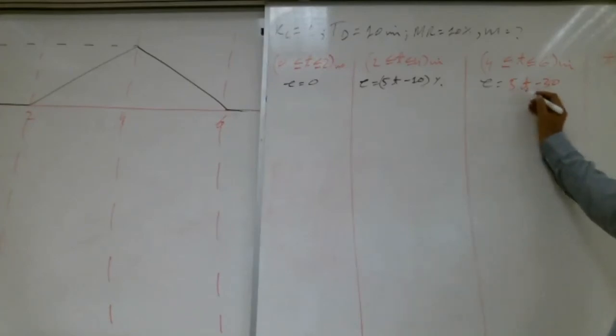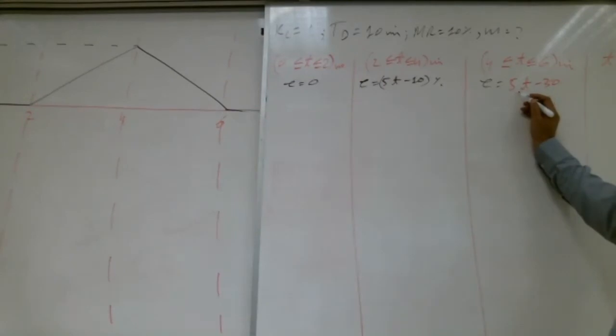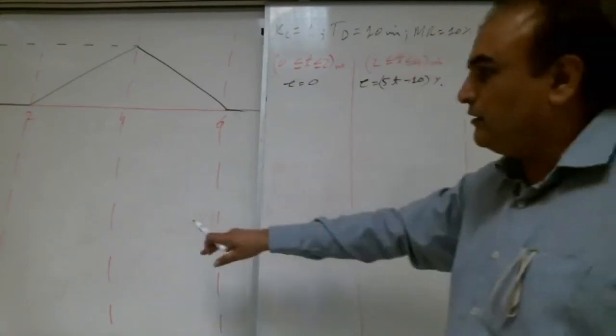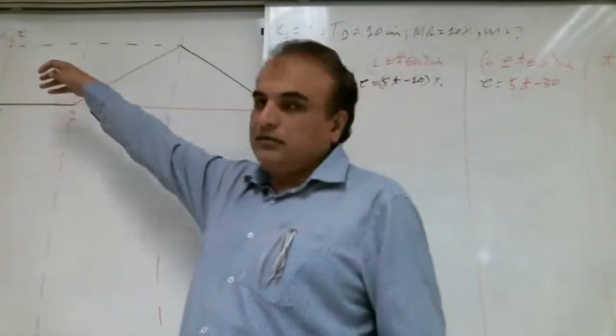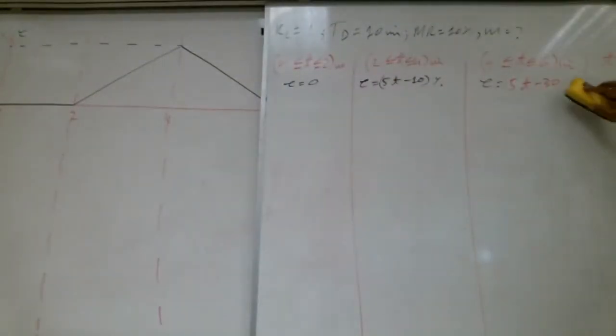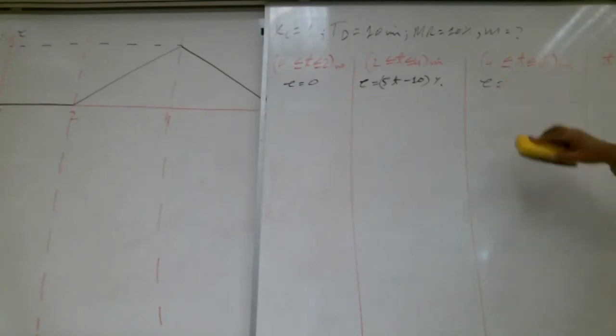Put t equal to 4. If we put 4 here, it will be 20 minus 30, minus 10. We have plus 10 there, Shabab. See here. We have plus 10. We don't have minus 10. Again, this equation is not working. Yes, Shabab. Any other brother?